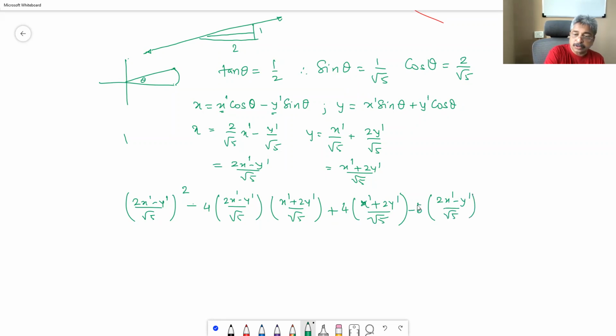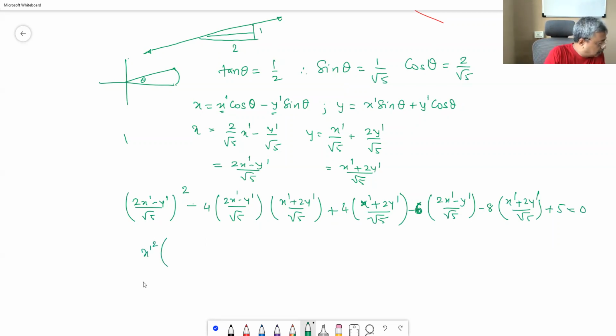This is 6, not big. Minus 8 into x dash plus 2y dash upon root 5 plus 5 is equal to 0.